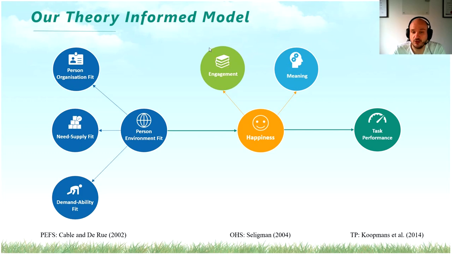However, you can't build lasting happiness on the pleasure component, so we've taken this out, and we'll just be looking at two routes to happiness, which are engagement and meaning. The instrument measures these two factors, and each factor will have specific items attached to it. And the same thing with the Koopmans scale. Task performance means how fast and how accurately can I perform my duties, how well do I perform them.